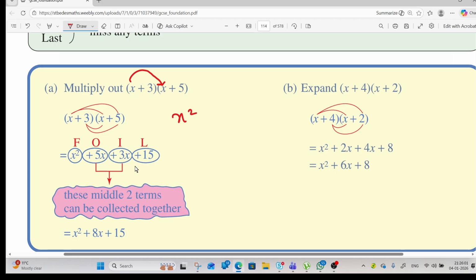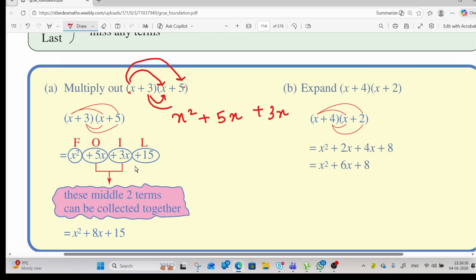Then x times 5 is 5x. Then 3 with x, which is 3x.